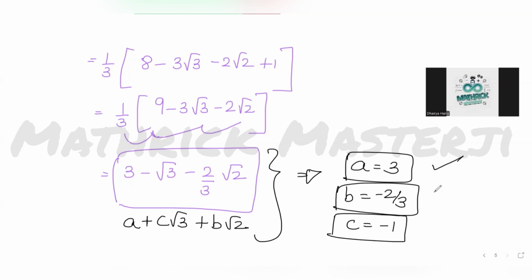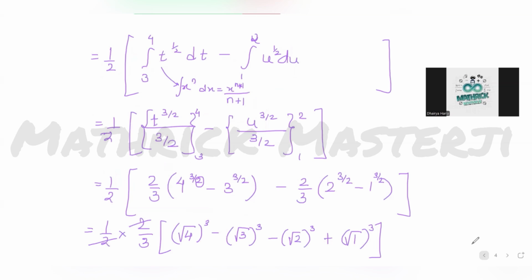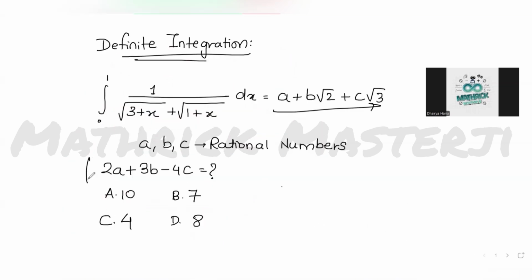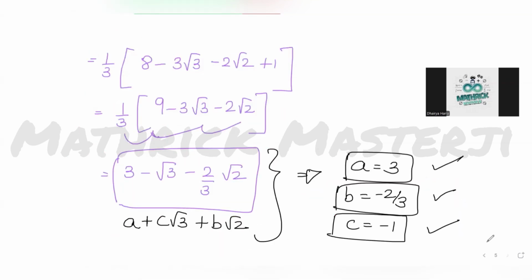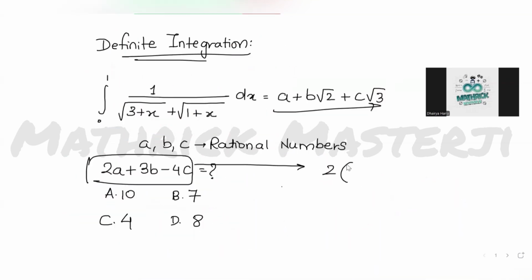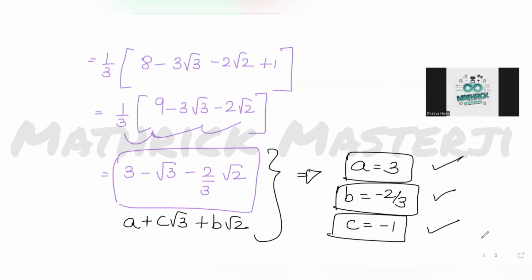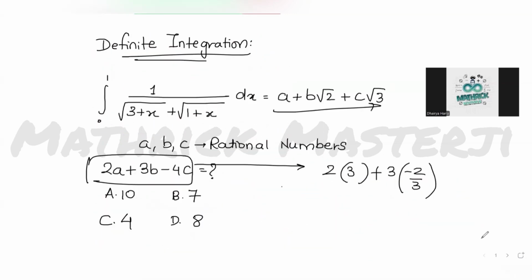Once I have A, B, and C, all three of them with me, I'll just put them here. So 2A plus 3B minus 4C will give me 2 times A, which was 3, 3 times B, which is negative 2 over 3, and minus 4 times C, which is negative 1.